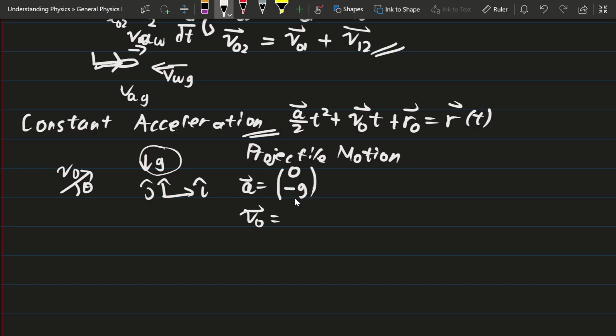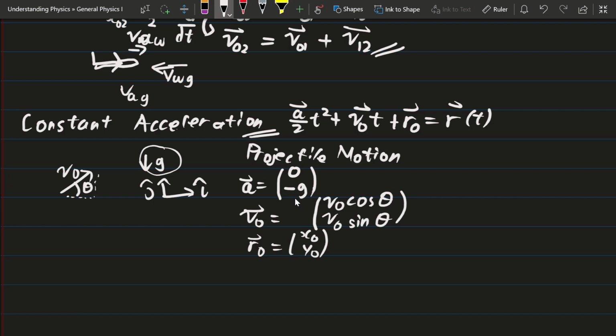We can write this down by decomposing the vectors. The one going to the right will be v0 cosine theta, while the one going up will be v0 sine theta. And then we can also figure out the initial r0, which will be the x0 and the y0.